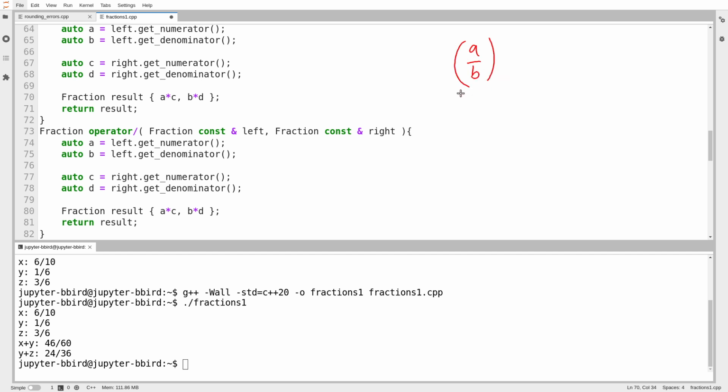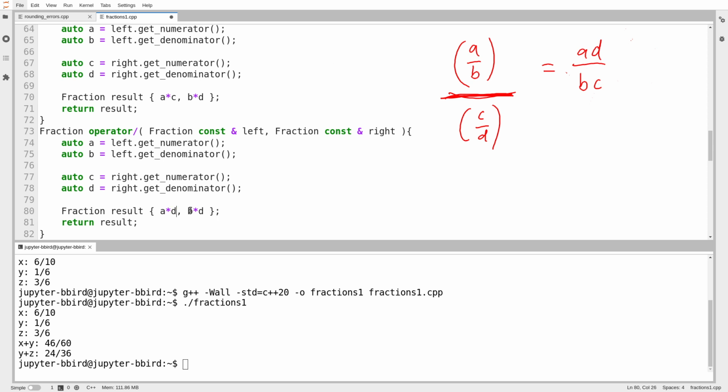So A over B over C over D. Depending on your notational taste, you could write that as A over B divided by, oh, this looks so ugly, C over D. As I'm sure you recall from one of the prerequisites of the course, somewhere around 4th grade or 5th grade, that will just be A times D over B times C. And so we'll just program that in.